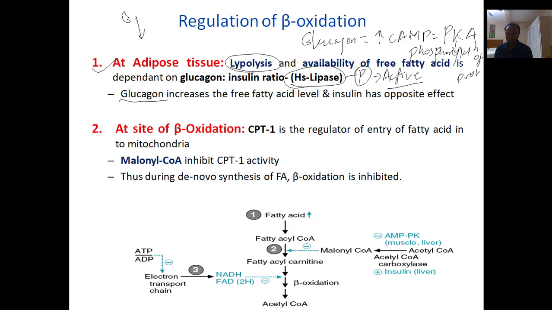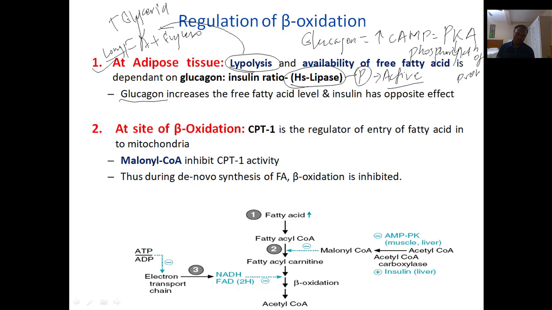It converts triglyceride to fatty acid, long chain palmitic acid, because palmitic and stearic acids are the predominant fatty acids in adipose tissue, and glycerol. This is lipolysis. Now these travel through blood and reach tissues like liver and muscle.